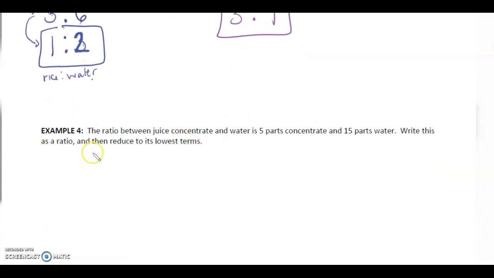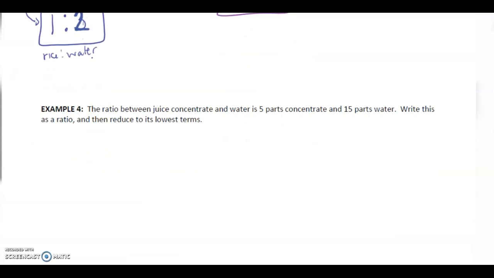Okay, example 4. The ratio between juice concentrate and water is 5 parts concentrate. And when we say concentrate to water, we put the colon, is 5 parts concentrate, it's just 5, and 15 parts water, so 5 to 15.